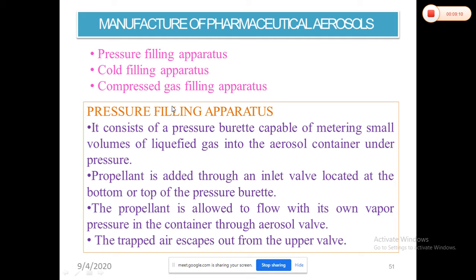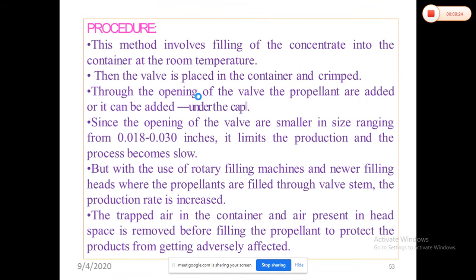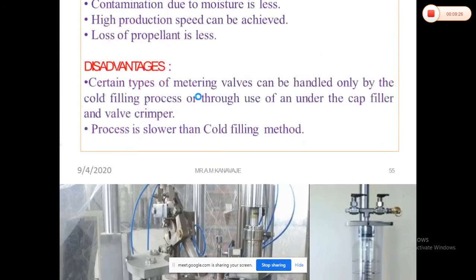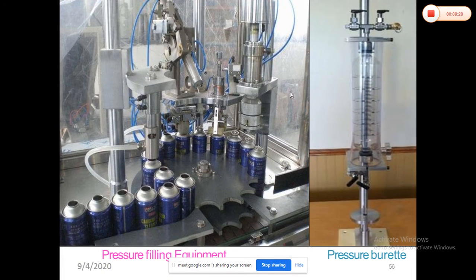So the pressure filling apparatus consists of a pressure burette. It is capable of metering a small volume of liquefied gas into the aerosol container under pressure. Here I will show one diagram. This is the pressure burette.